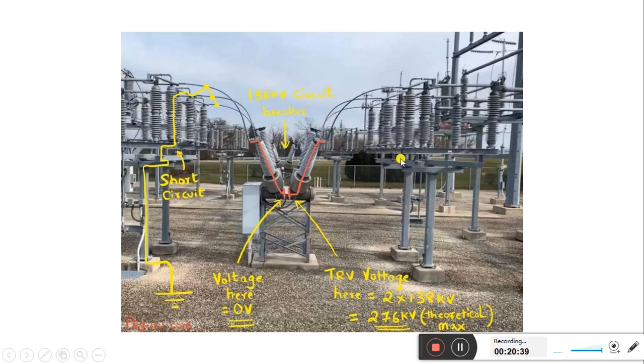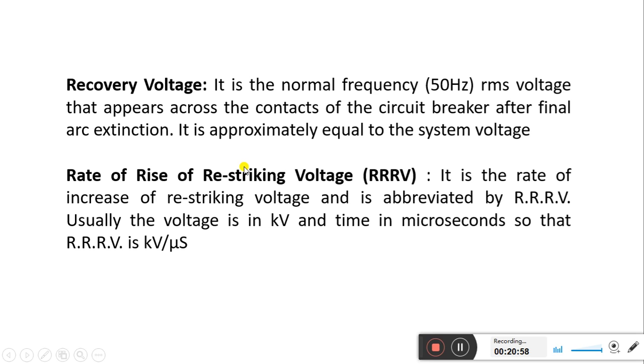So for this substation, the restriking voltage developed across the circuit breaker may reach a very high voltage, as shown here, that is 276 kilovolt. So it's a very high voltage. The same thing is defined here. What is the recovery voltage?